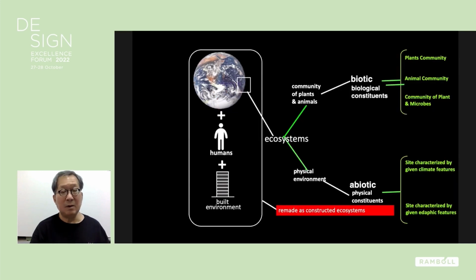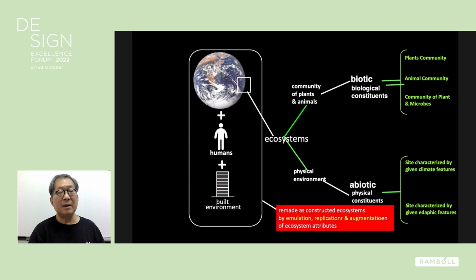Now, one of the ways we need to do, according to me, is to remake our built environments into what are called human-made ecosystems or constructed ecosystems. A constructed ecosystem is the built environment that emulates, replicates, and augments nature.